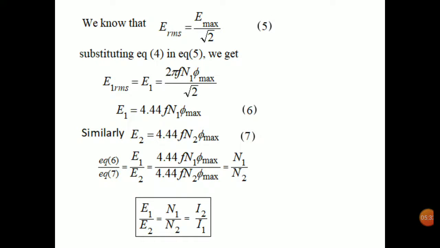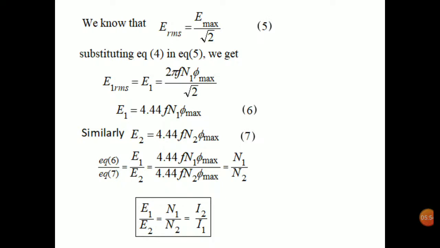Similarly, if we solve, we will get E2 is equal to 4.44 f N2 phi max. In the equations for E1 and E2, everything remains the same; only the number of turns in the primary and secondary varies. Let the E1 equation be equation number 6 and the E2 equation be equation number 7. To find the transformation ratio, divide equation 6 by equation 7.